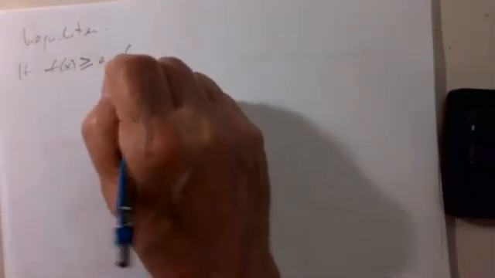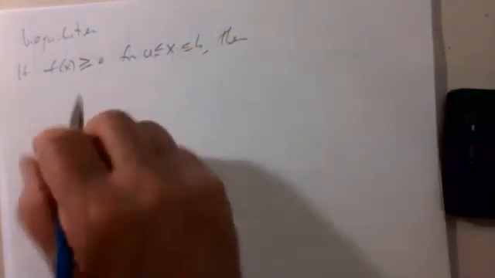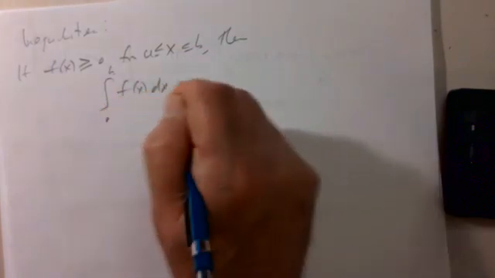And there are 2 inequalities concerning integrals. If f of x is greater than or equal to 0 for x between A and B, then the integral from A to B of f of x dx is greater than or equal to 0.